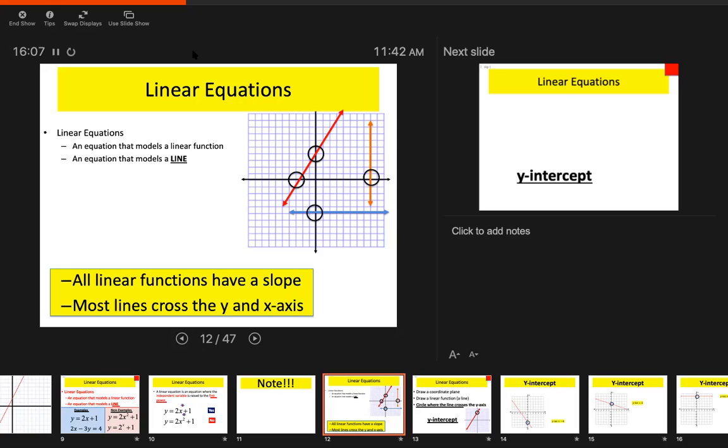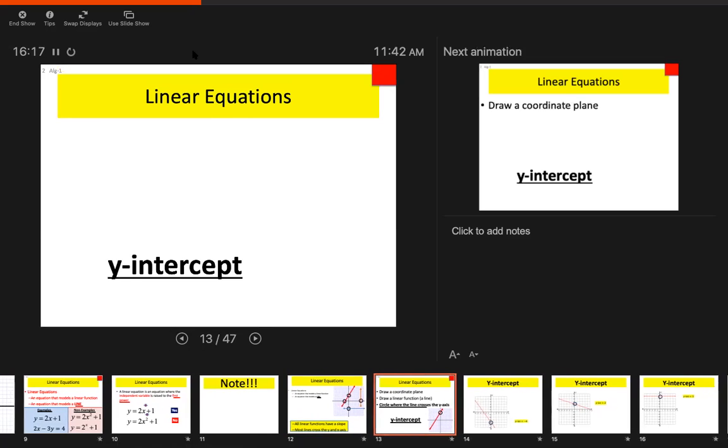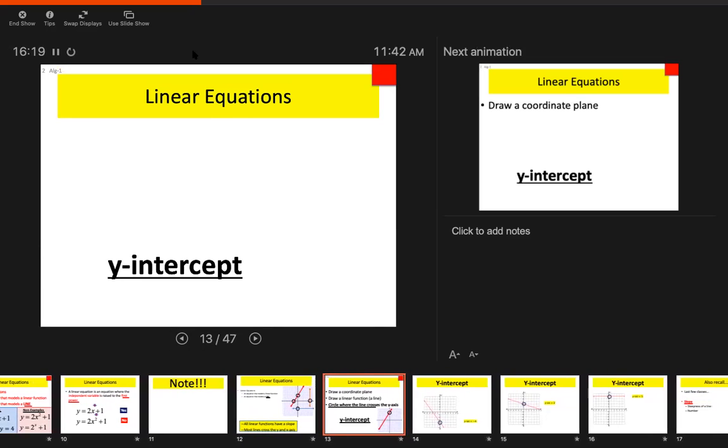Where it crosses the y-axis, we give it a name. Guess what we call this? We are going to call that the y-intercept. That is where the line crosses the y-axis, not the x-axis. Now remember, vertical lines don't cross the y-axis.